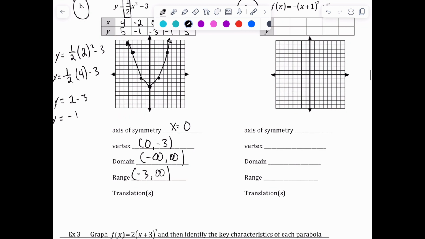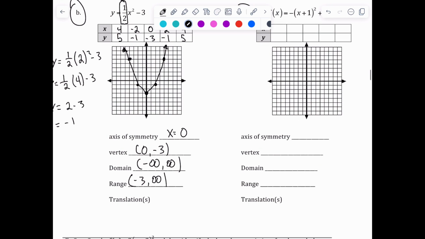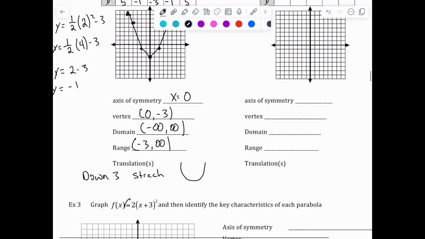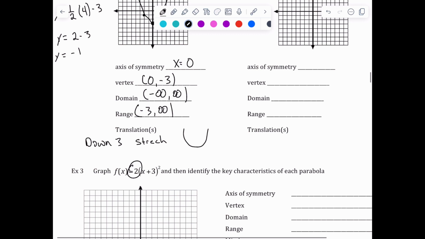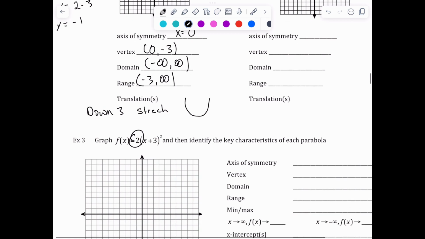Now translation here, what we got is we went down 3, and it is a stretch. All right, it is a stretch, meaning that it stretched out to be longer, kind of more of a U-shaped. If, for example, this number right here were a 2, this is actually what we call a shrink, okay?